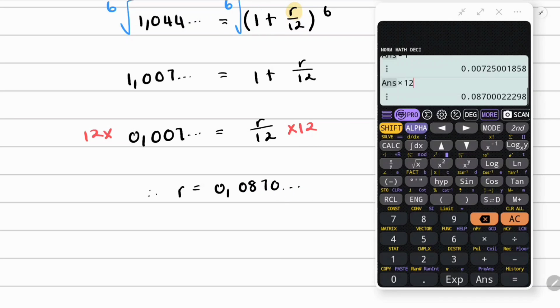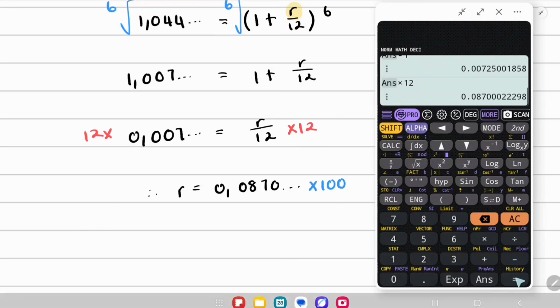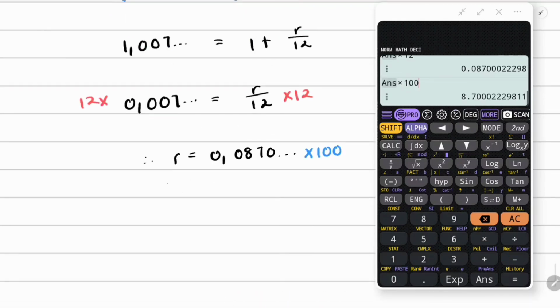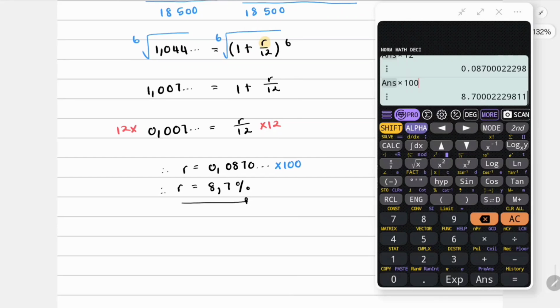But then it needs to be a rate, like they said, R%. So you're going to multiply that by 100 so that it is written as a percentage. So R is finally equal to 8.7%, and that is our answer.